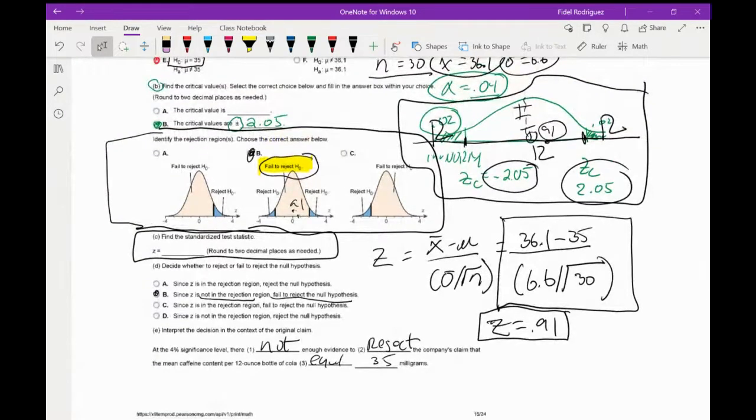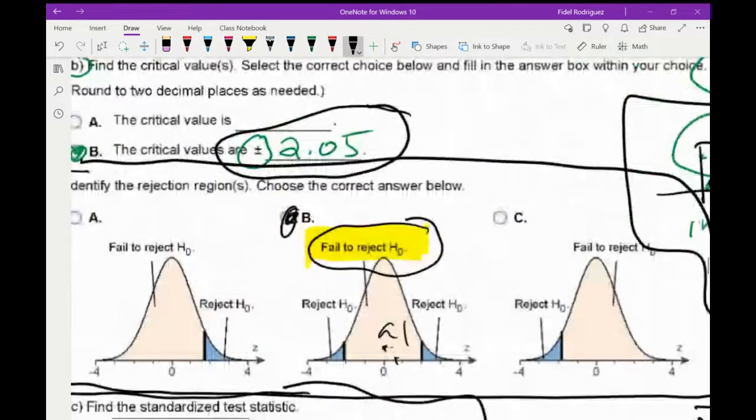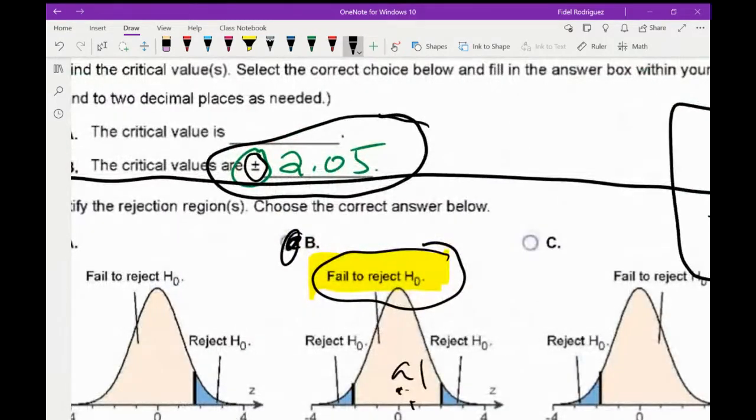Oh, right here, this piece? Yes, that one. Why did you choose? Because I know the Z value is 2.05. That's right. But I want you to notice here, if you look right in front of it, Gilbert, do you see how it has a plus or minus? Yes. So it's already telling me one of the answers is going to be positive and one's going to be negative, right?